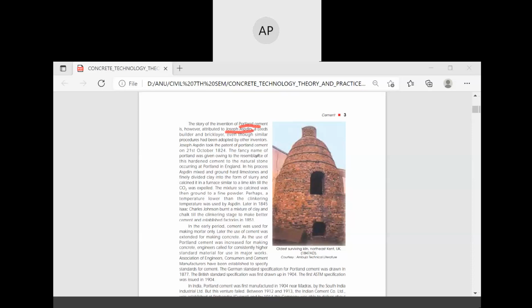The fancy name of Portland was given owing to the resemblance of this hardened cement to the natural stone occurring in Portland in England. That's why the cement name is Portland cement.